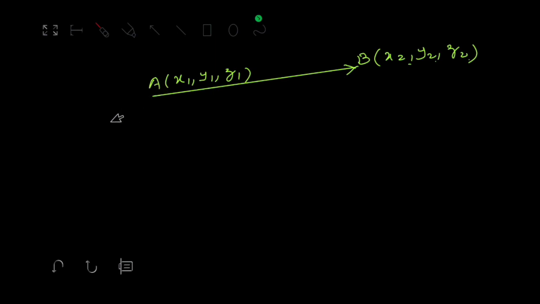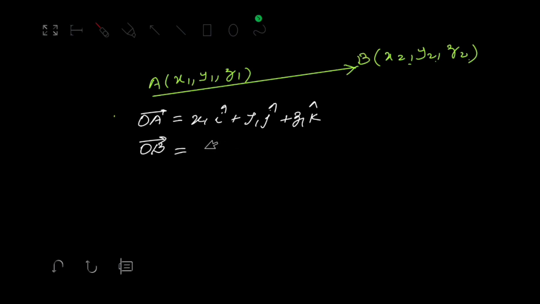As we know well, the position vector of A is given by OA vector, which is equal to x1 i cap plus y1 j cap plus z1 k cap, and OB is the position vector of the terminal point, that is x2, y2, z2. So its position vector will be x2 i cap plus y2 j cap plus z2 k cap.